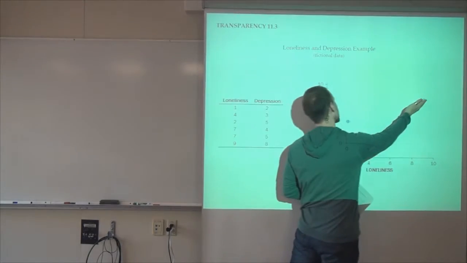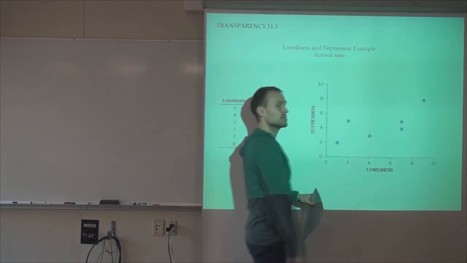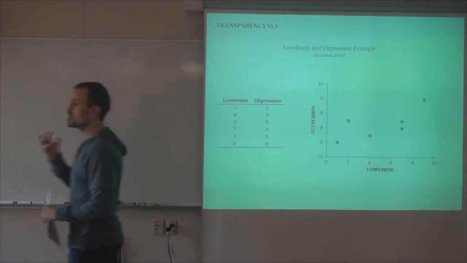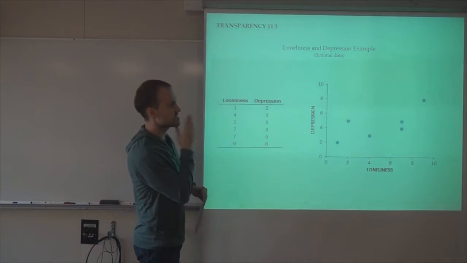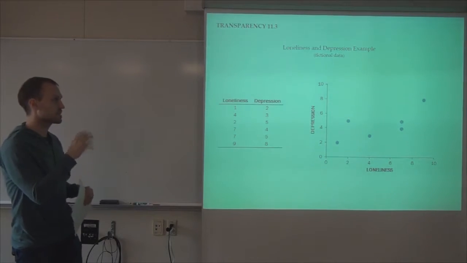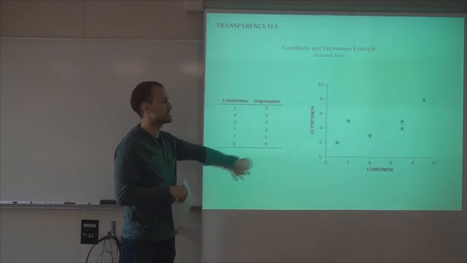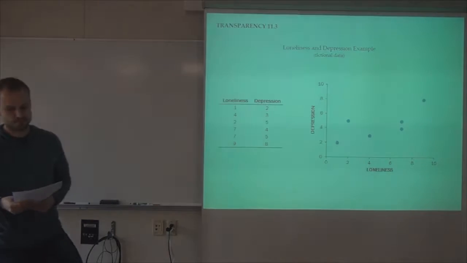Does it slope up like this, meaning increased loneliness, higher depression, or maybe the other direction? I want to associate a number with it, so that I don't rely on my instincts for what it looks like. I can look at the number, calculate it based on what my sample suggests, and make a decision accordingly.